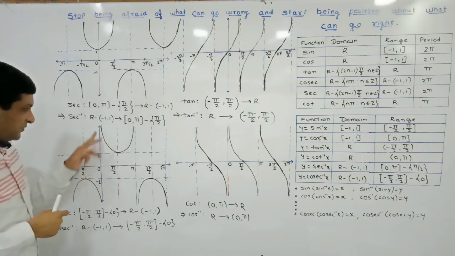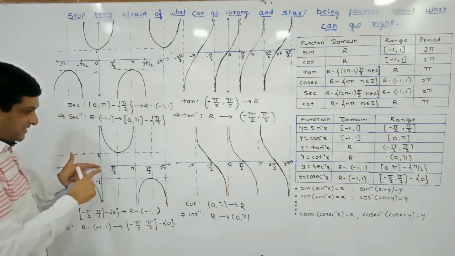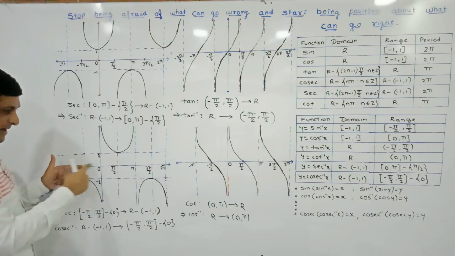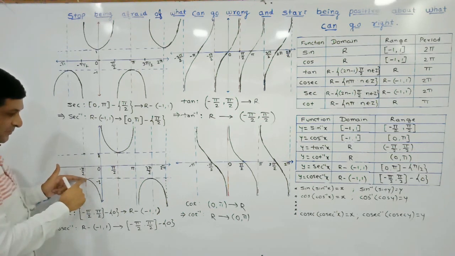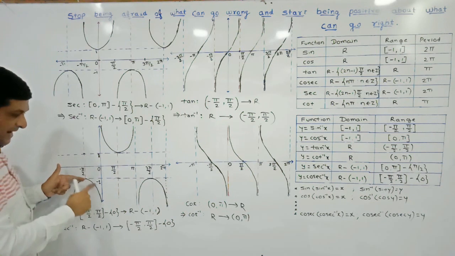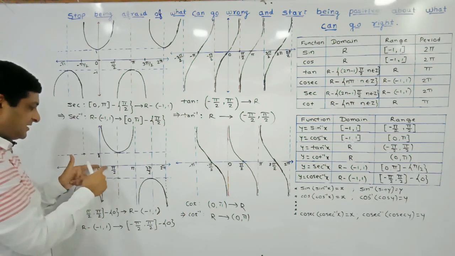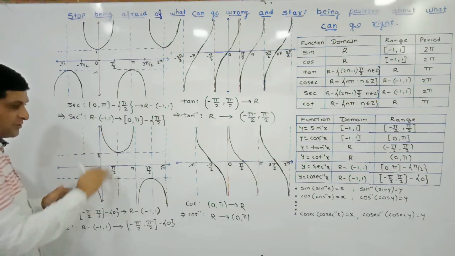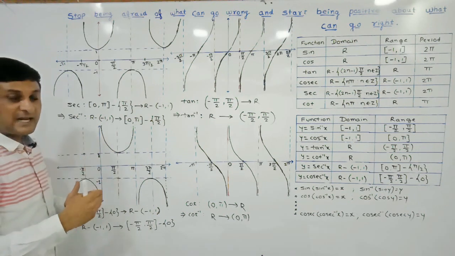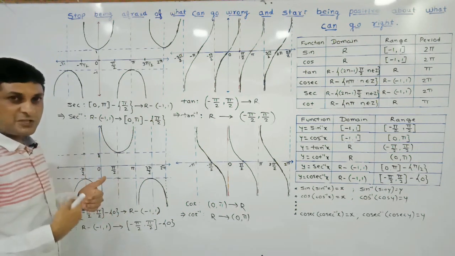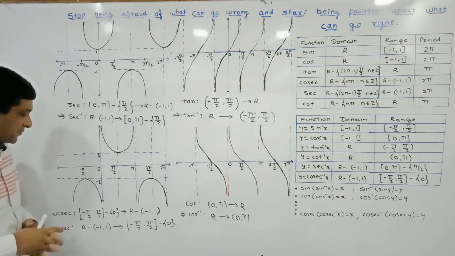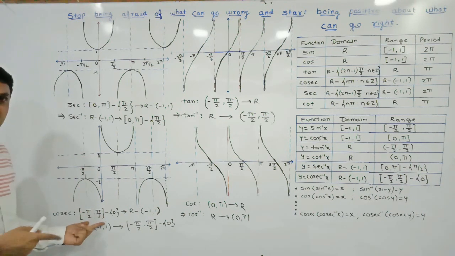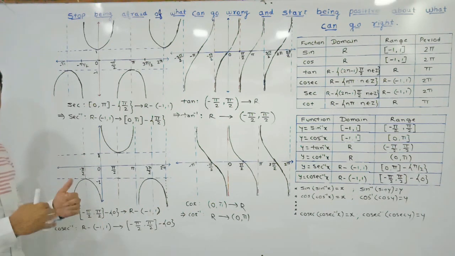So observe, this will be the y-axis, and here we can observe the graph between minus pi by 2 to plus pi by 2. From minus pi by 2 to 0 it moves from minus 1 to minus infinity, and in 0 to pi by 2 it moves from infinity to plus 1. So here it is the negative part, here it is the positive part, which means the value does not repeat and the function becomes one-one onto. That's why if we define the function between minus pi by 2 to plus pi by 2, the function becomes one-one onto, which means its inverse function exists.